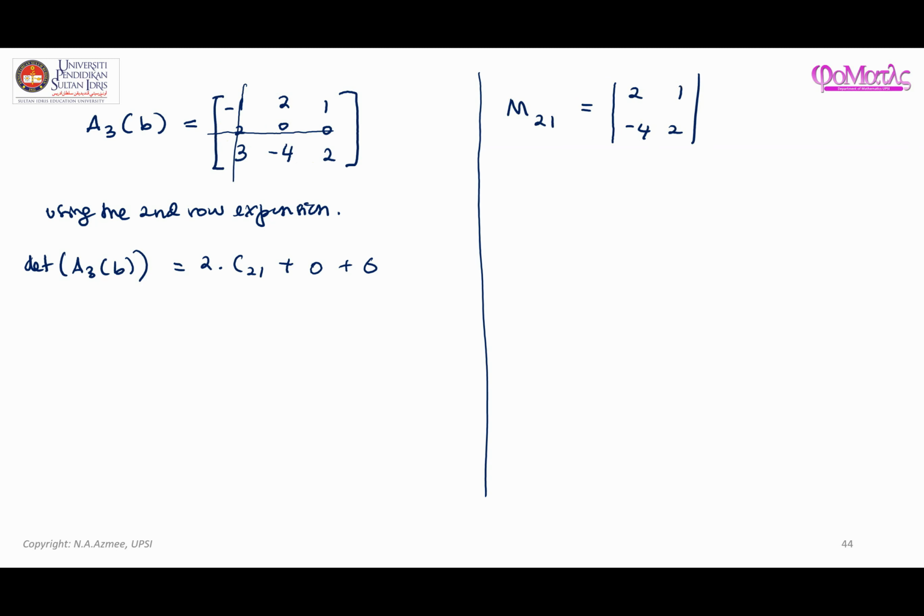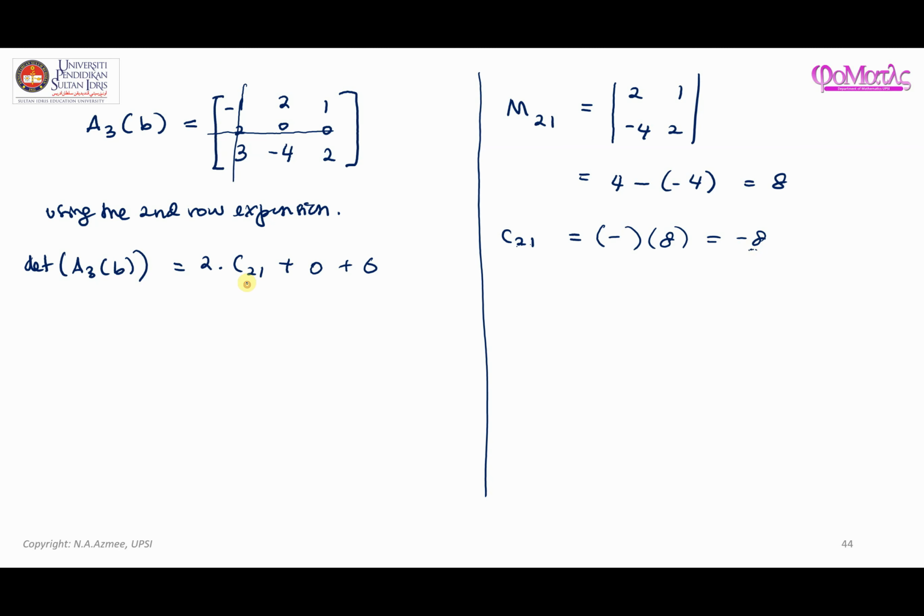Based on that, its determinant is 4 minus -4, and this is equal to 8. Well, C21: 2 plus 1 is 3, 3 is an odd number, therefore we're going to have a negative sign. And M21 is 8, so just plug in the value right there. C21 is -8.